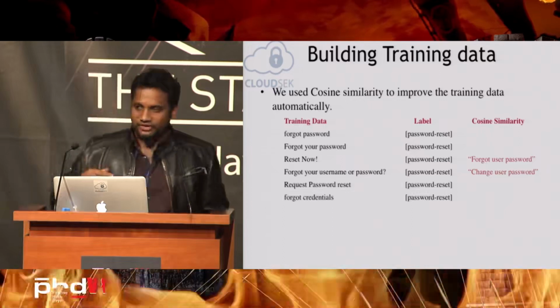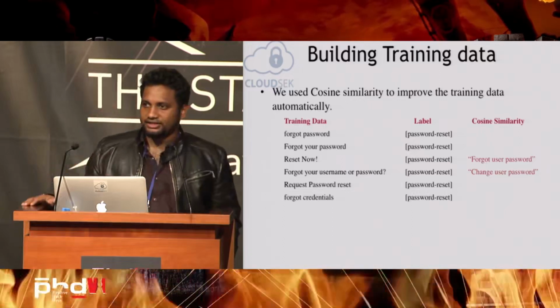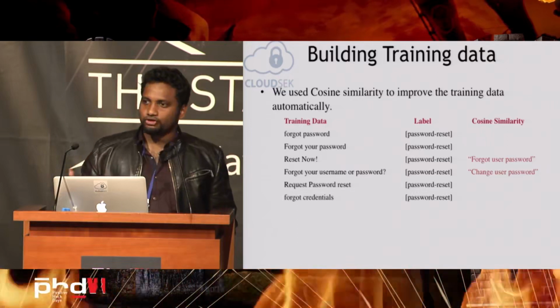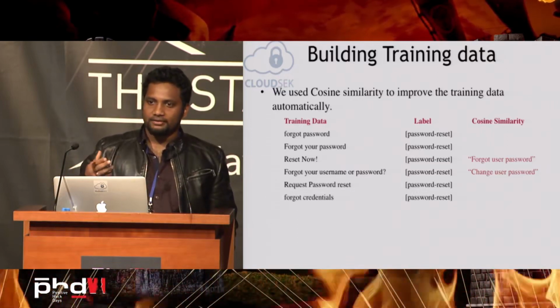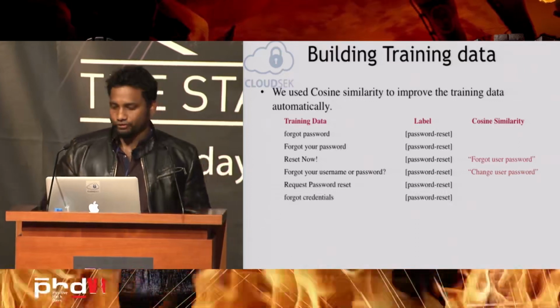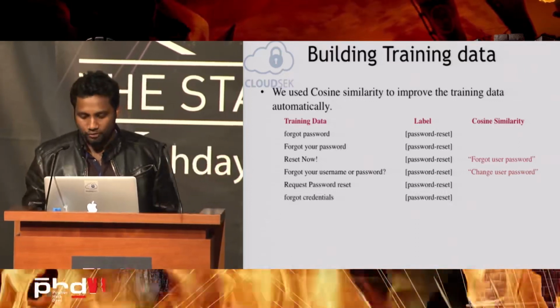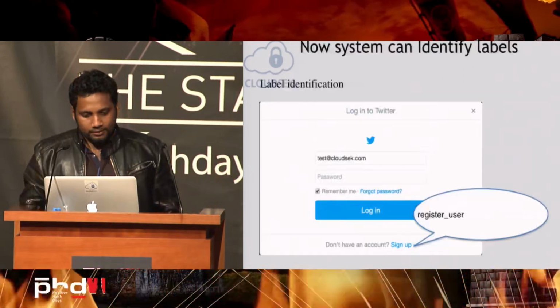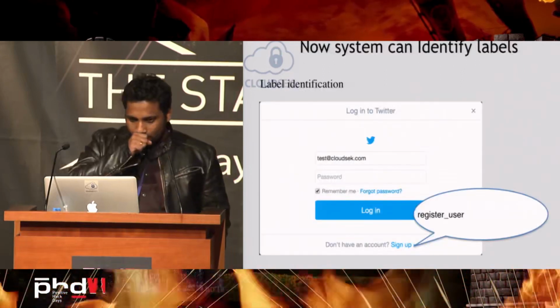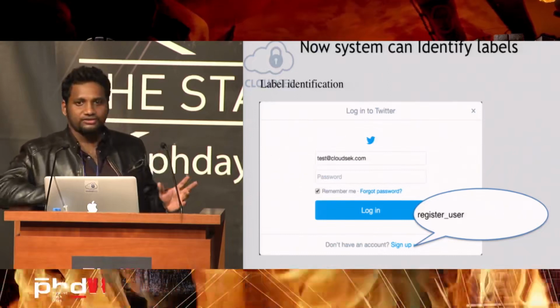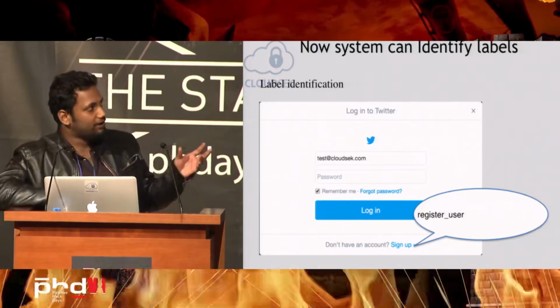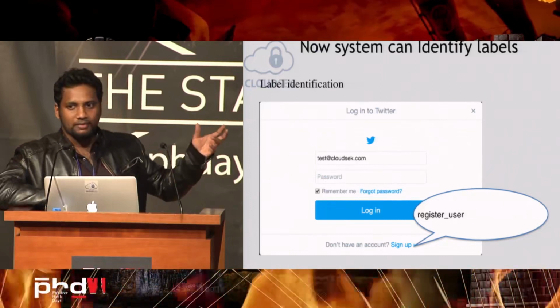The same way a human understands and gets better, the tool will also get better the more it scans applications, and it's also learning the different patterns and sentences which developers use to communicate. With all these things, the system we built was able to identify each label on the web application.